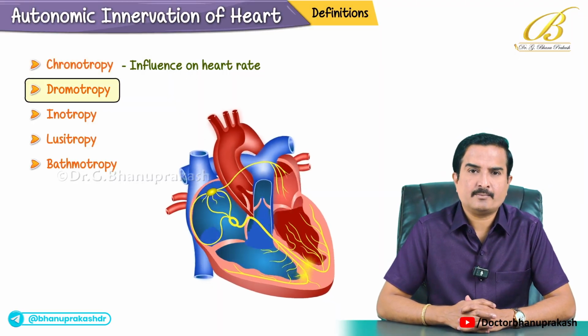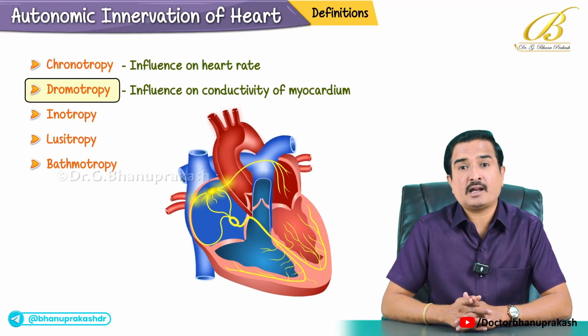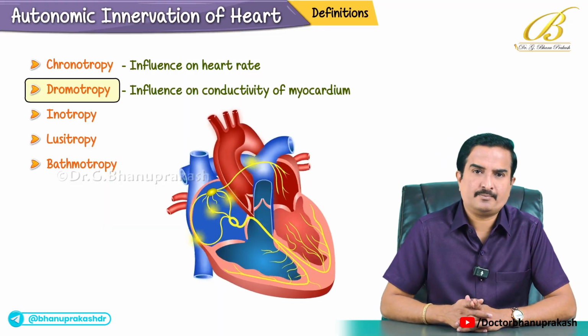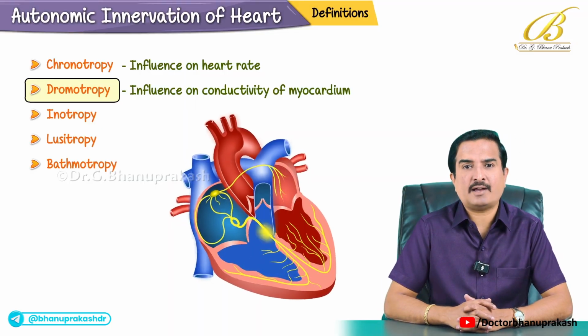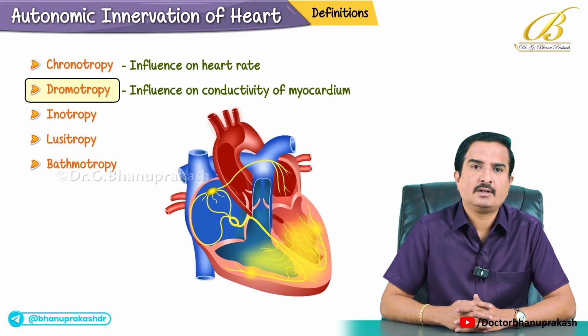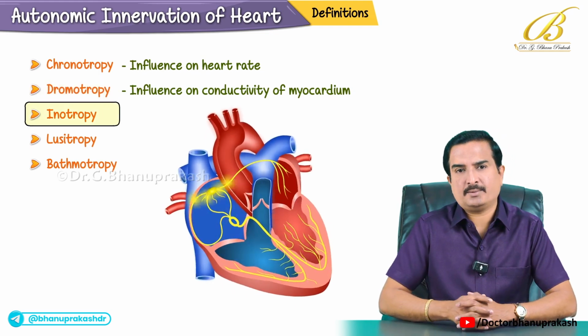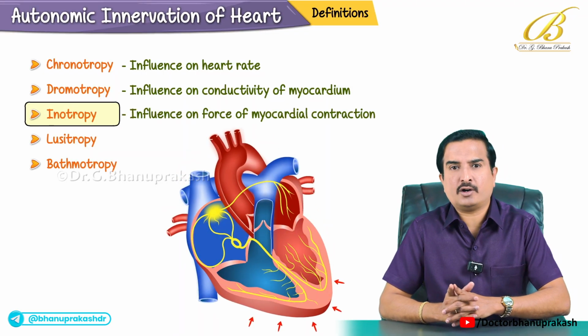What is dromotropy? Dromotropy refers to the influence on the conductivity of the myocardium, meaning how quickly electrical impulses travel through the heart. It may be positive or negative. Next is inotropy. Inotropy is nothing but the influence on the force of myocardial contraction.